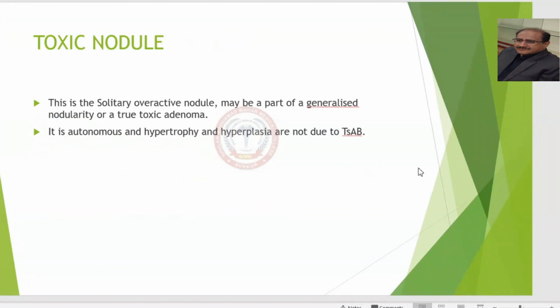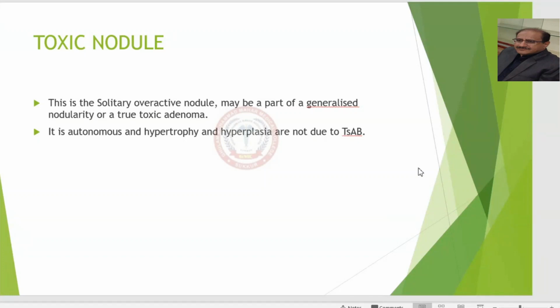Toxic nodule. This is the third form, in which only a single nodule is present in the thyroid gland, while the rest of the thyroid gland is normal. It means in the rest of the thyroid gland there are no nodules. Only a solitary single nodule is present in the whole thyroid gland, and that is toxic.